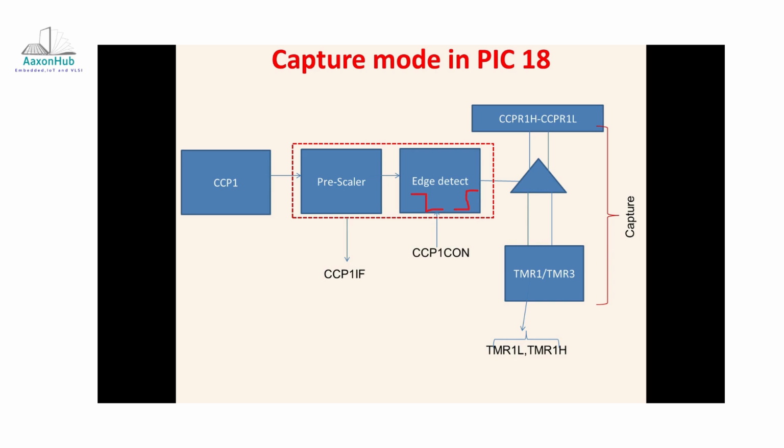In this control register, you will be able to find the specific event generation based upon every falling edge, rising edge, 4th rising edge and 16th rising edge. Based upon that, it will generate events. So that selection is under this particular control register.